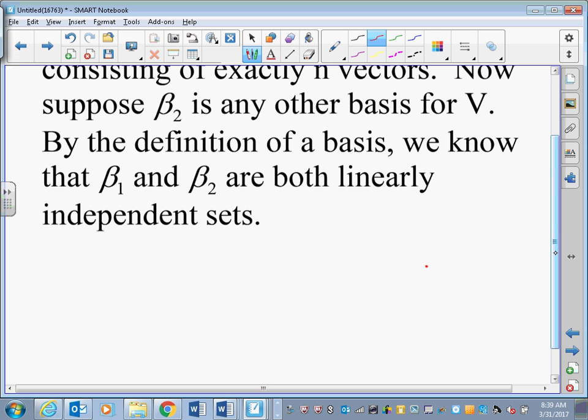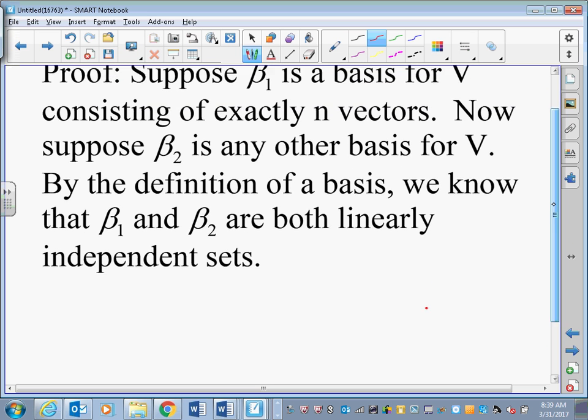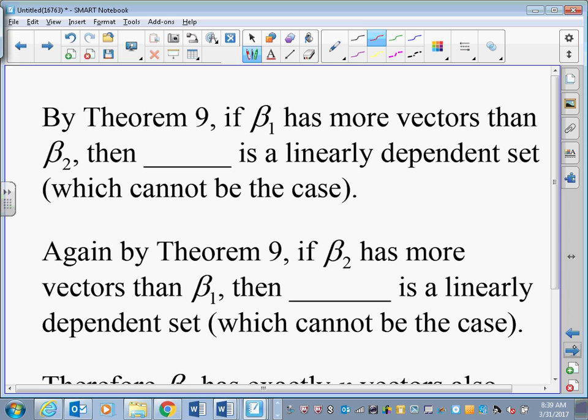Everybody knows that. So basis is vectors, independent or dependent. If B1 has more vectors than B2, then are we talking about an independent set? Which one is the independent?